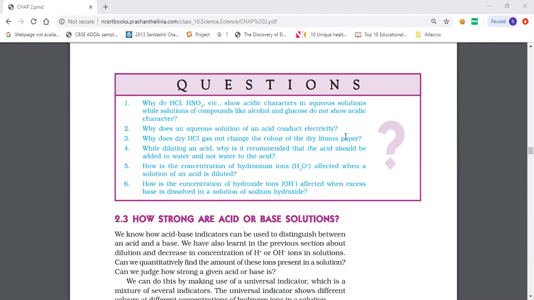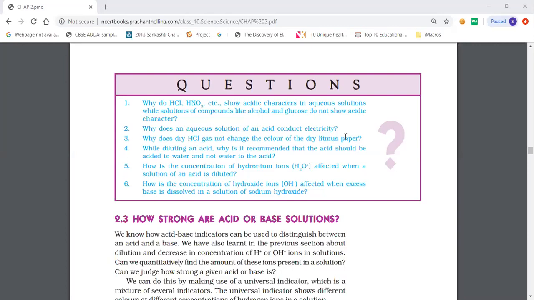Why are they acids? Because alcohol and glucose do not have any free hydrogen ions, whereas HCl and HNO3 have free hydrogen ions.